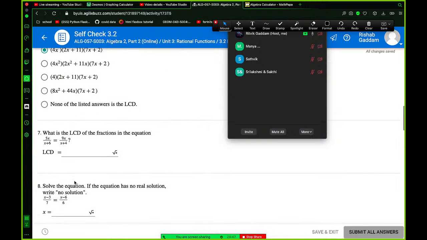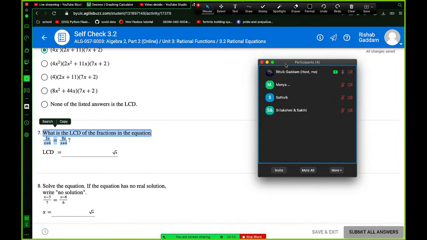So let's also go on to number 7. If you want to do this question, then raise your hand in the participants list. Sri Lakshmi, do you want to do this one?